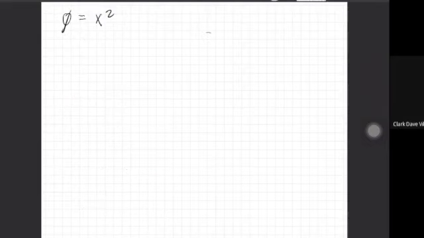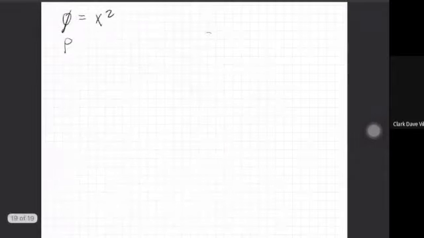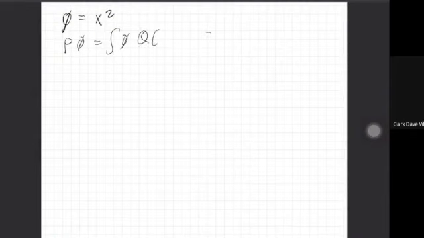All right? Given that our integrating factor is x squared, the next line should be p, which is our dependent variable here instead of y, times the integrating factor equals the integral of the integrating factor times the Q of x dx, plus c sub 1.